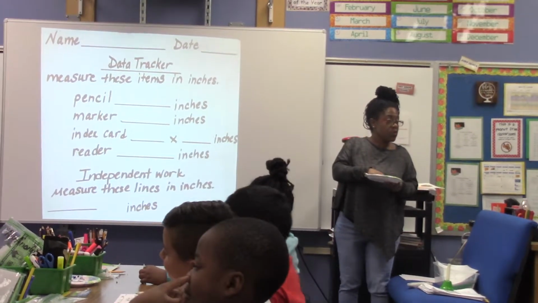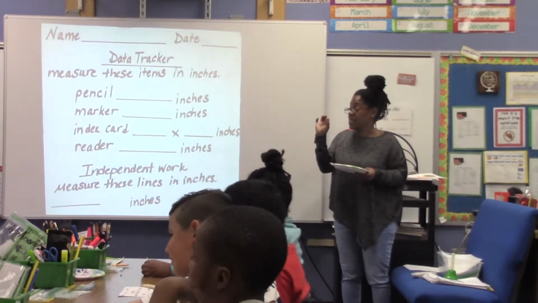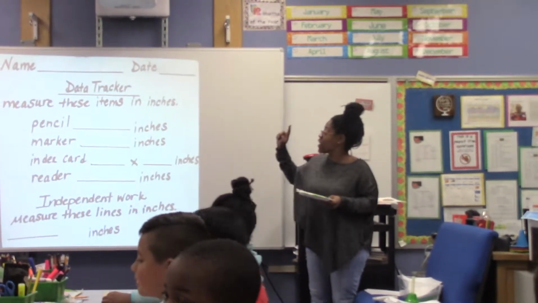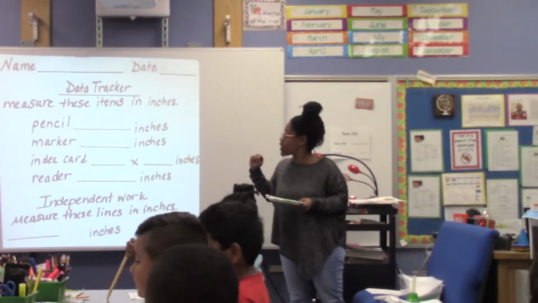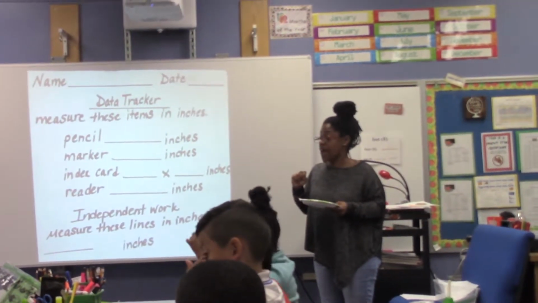When I say go, you can speak at a level 1. But on my first lap around, I'm going to make sure that you are lining up your object with the ruler. So when I walk around, I'm going to be looking for that. Go.